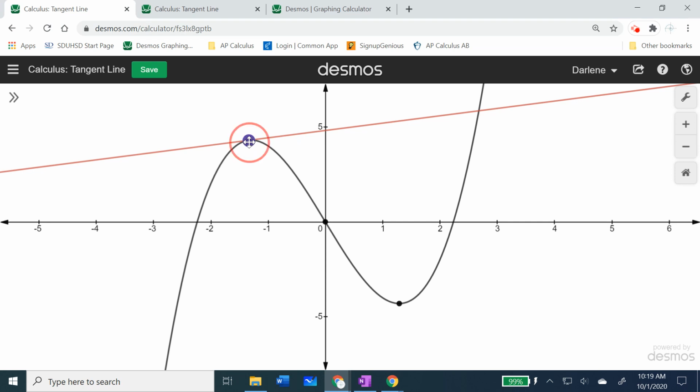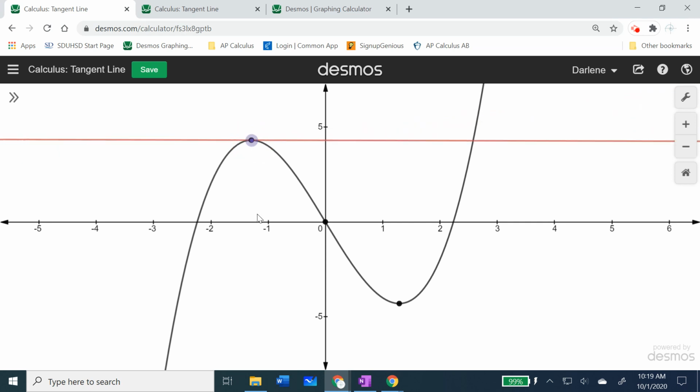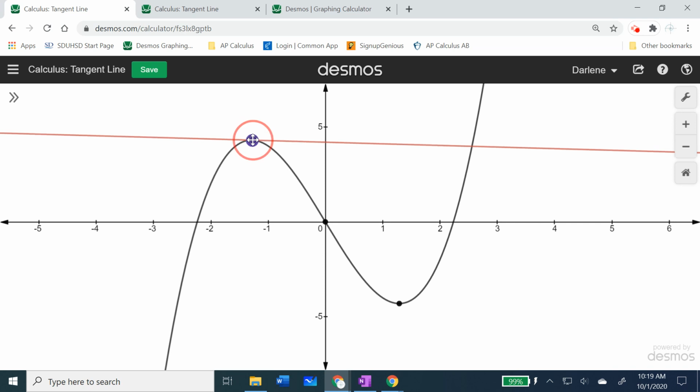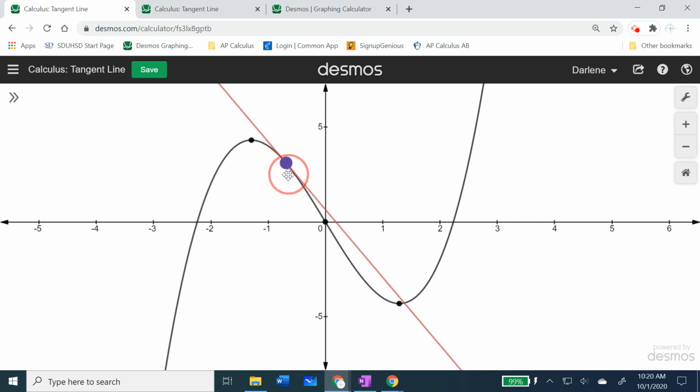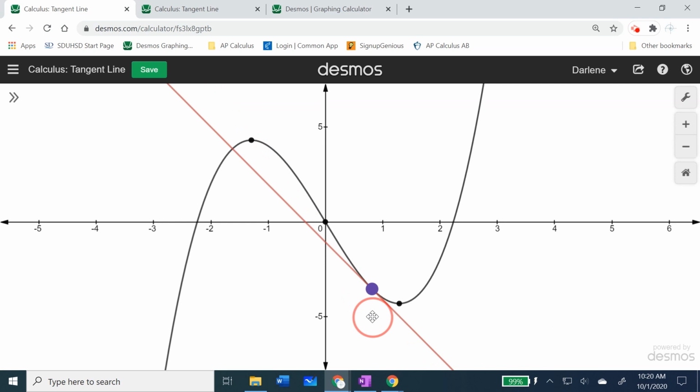Now, I'm going to start here at this relative maximum, and I'm going to start moving it, and I want you to tell me if, while I move this, I'm getting steeper or less steep. Steeper. So my speed is increasing over that interval. Now keep watching. Whoa, look at that. Something happened. At this point right here, we hit a point of inflection, which we're going to talk about more when we get into chapter 4.